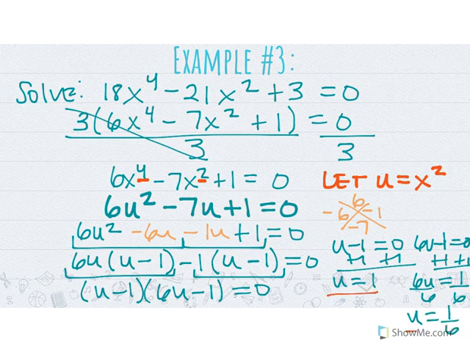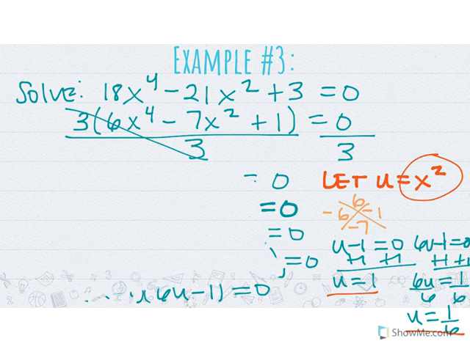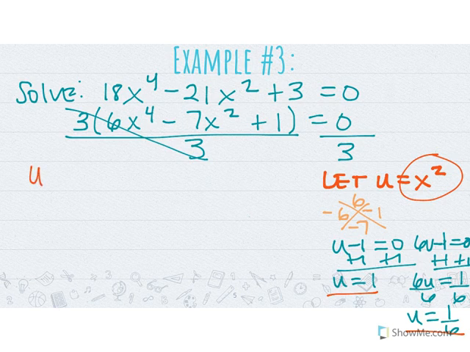So now that we have solved for our u's, we are now going to plug the x squared back in. I'm going to go ahead and erase this, make sure that you pause the video so you can see where you are. I'm still on this example, I just have to make some more room for myself. So we have u equaling 1 and u equaling 1/6.